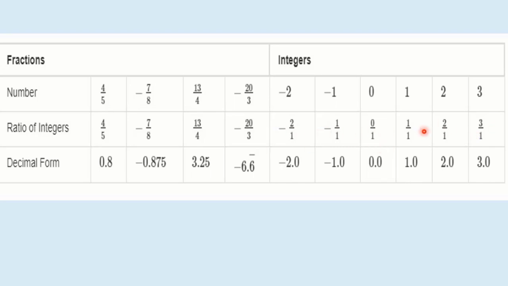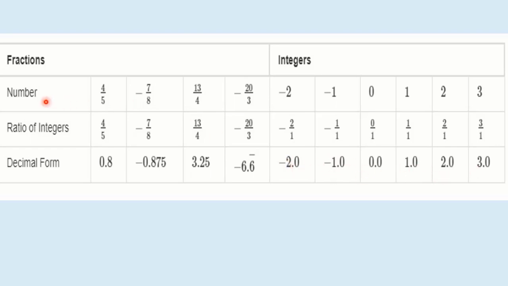Integers can also be written in decimal form, but for integers there is always 0.0. Whenever you see 0.0 anywhere in decimal form, it means it is an integer. Sun chut sun. Okay, whenever there is 0.0 then that is an integer.